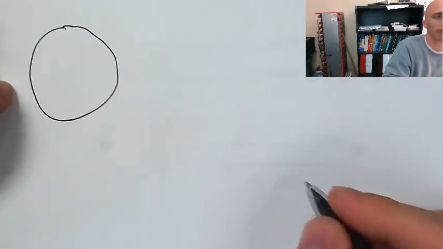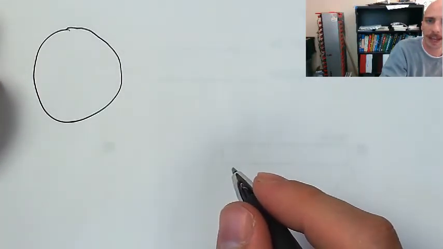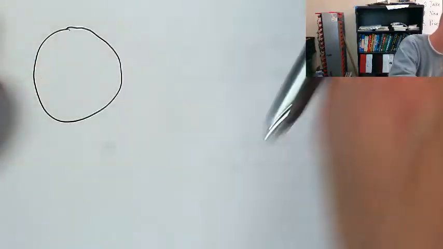Use cylindrical coordinates to find the volume of a sphere of radius 2a from which a cylinder of radius a has been removed. Interesting.